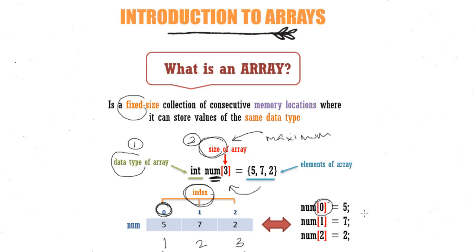If I want to put the data 7 inside the array as the second element, then it will be 1. If I want to put 2 inside the array as the third element, it will be 2, because this is the first, this is the second, and this would be the third element. Please remember that with arrays, you need to know the index. The index always starts with 0. That's very important for you to remember.